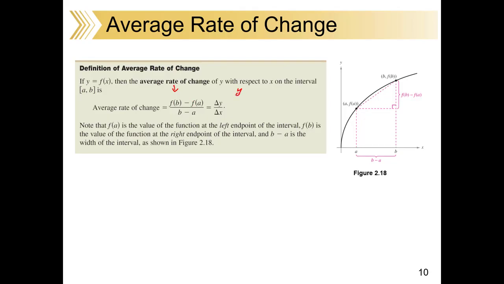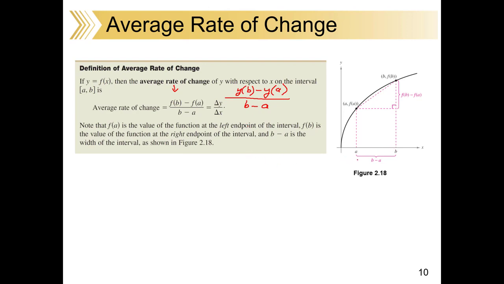What's the y value if x is a b? What's the y value if the x value is an a? Those are the function values. Those might be distances, for example. On the bottom, you have the original values before you gave them to the function. So b minus a.